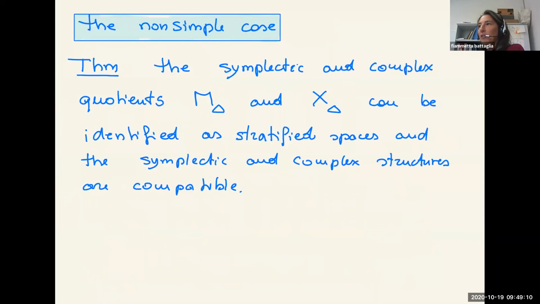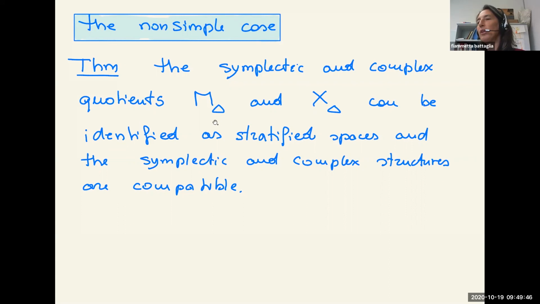Let me finish with the statement of the theorem that identifies the symplectic and complex quotients in the non-simple case. We have a starting triple. We construct the corresponding symplectic space stratified by symplectic quasifolds, and the corresponding complex space stratified by complex quasifolds.